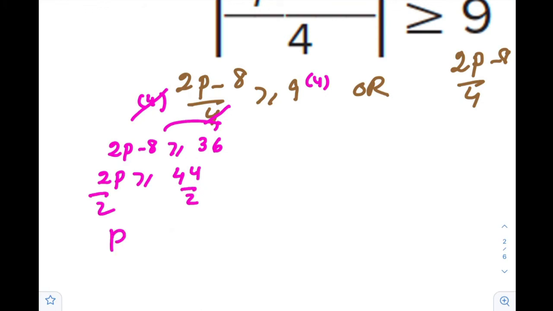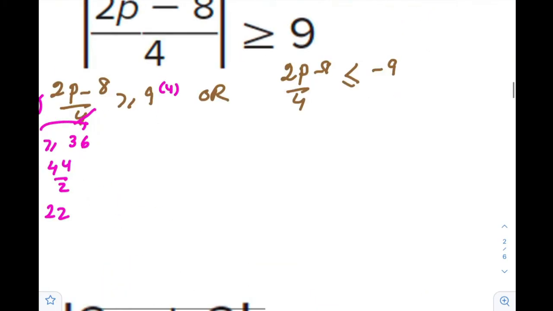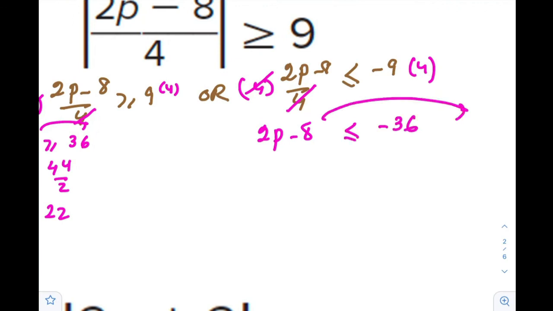Divide by 2, so it is 22. Doing the other one, 2p minus 8 less than or equal to minus 36, taking the 8, minus 36 plus 8 is minus 28. And when you divide by 2, p is less than or equal to minus 14.